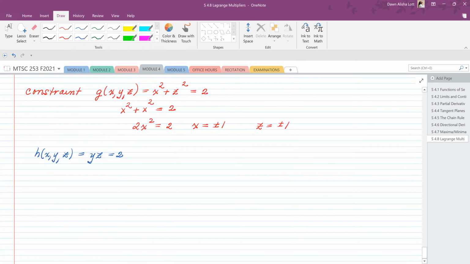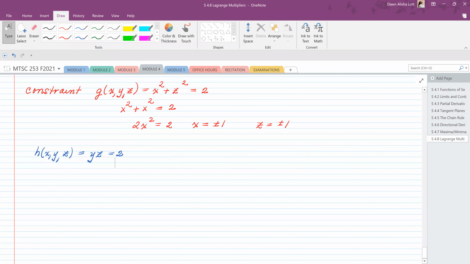So if z is equal to 1, then y is equal to 2. And if z is equal to -1, then y is equal to -2.